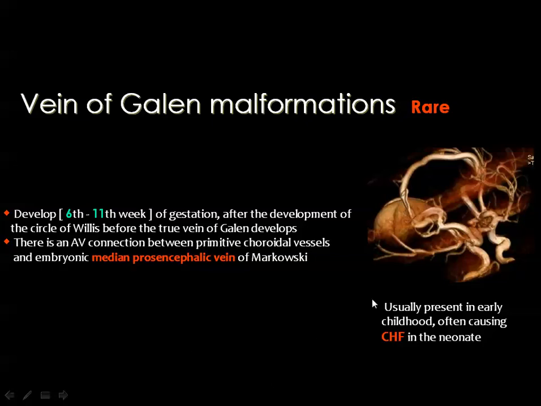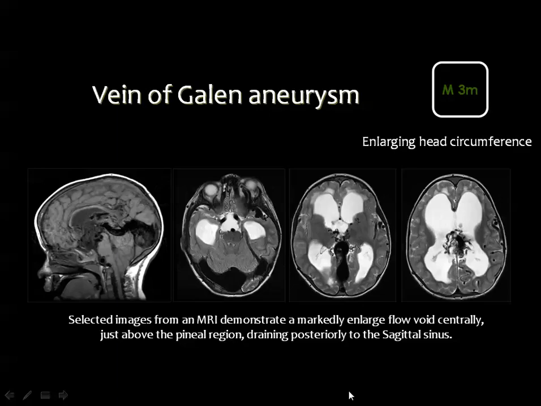But whenever this fistula develops, it will result in abnormal communication between the choroidal vessels and this abnormal vein. And because this is a high flow fistula, it commonly presents by congestive heart failure in the neonatal period.